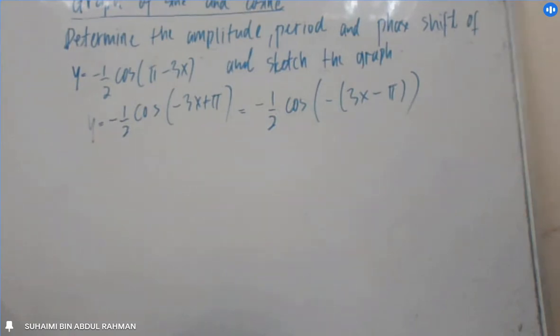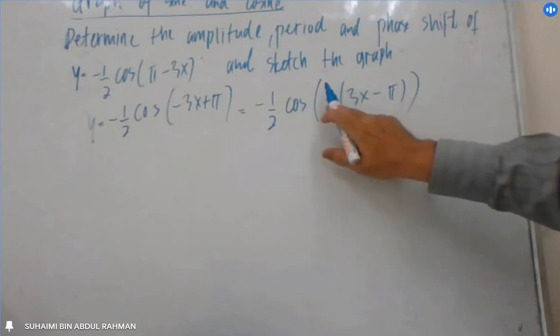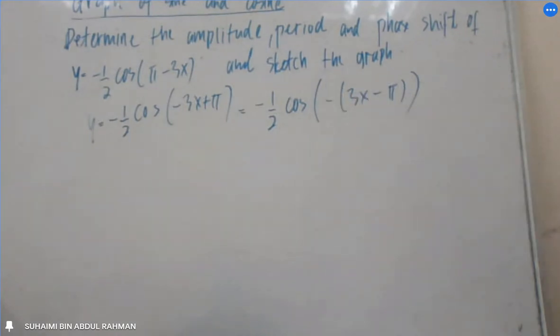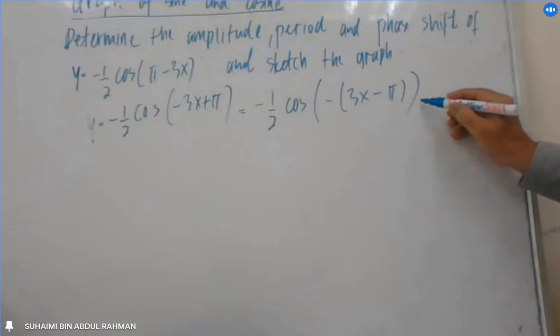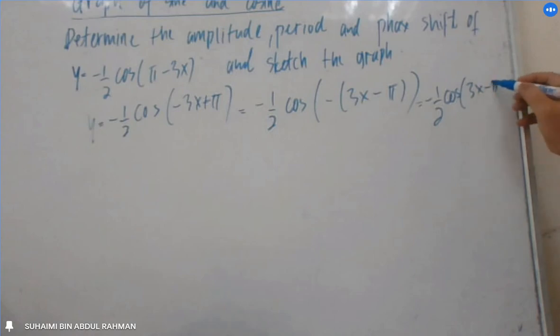Why do we put minus here? Because we want our angle in the form of minus. So cos is what function, even or odd? Even function. Therefore the minus here does not matter, so it's equal to minus 1 over 2 cos of 3x minus pi.